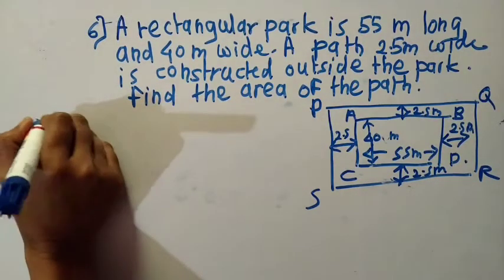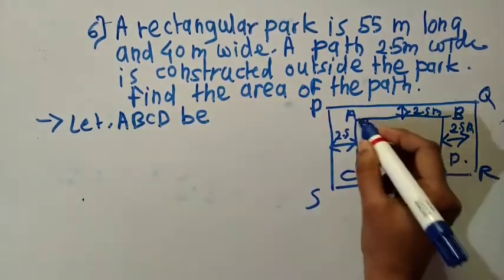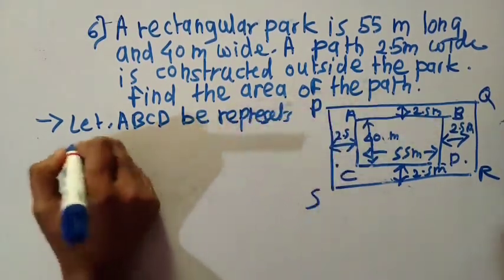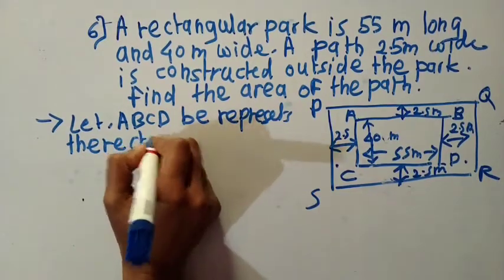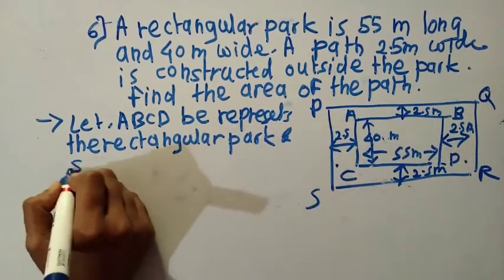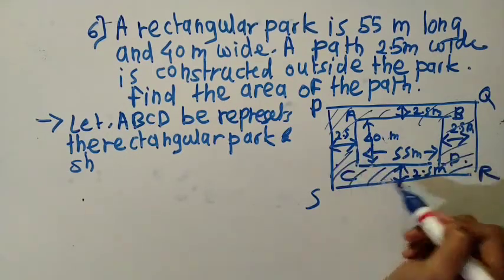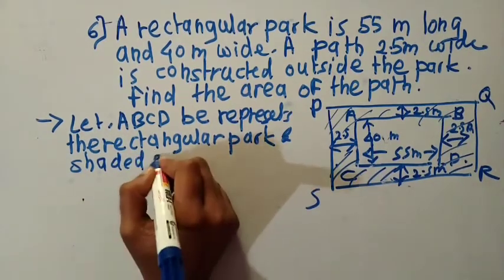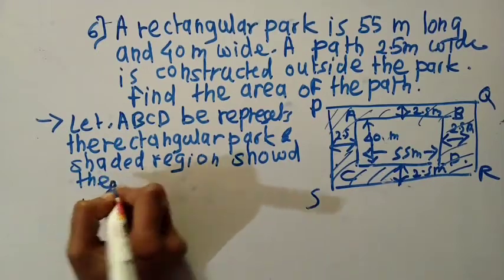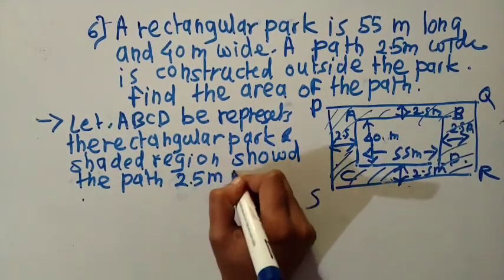Let ABCD represent the rectangular park, and the shaded regions show the path, 2.5 meter wide.